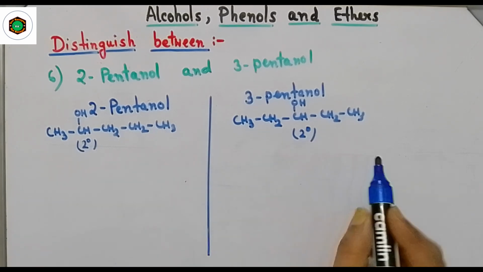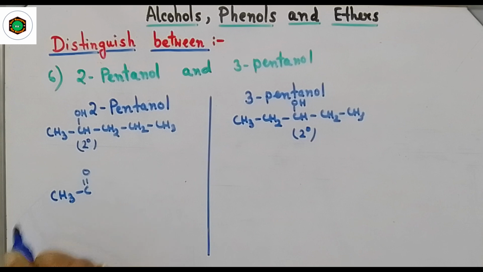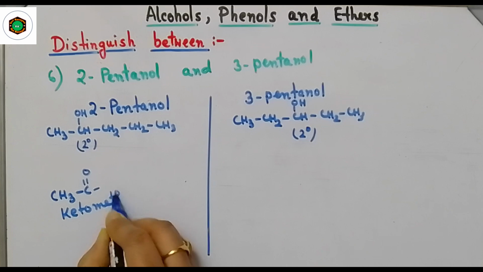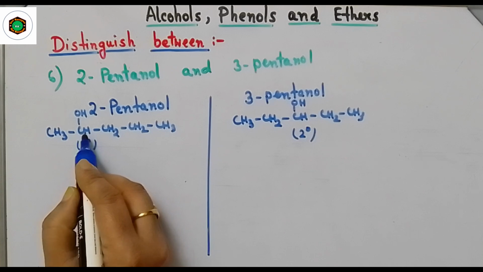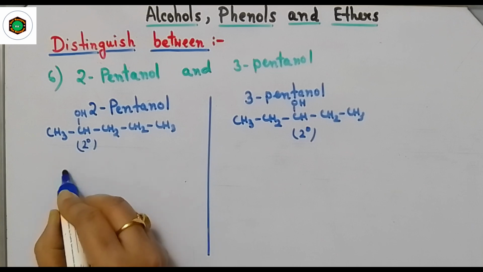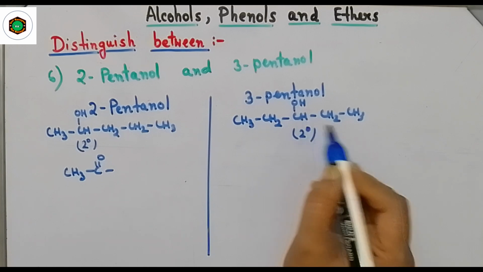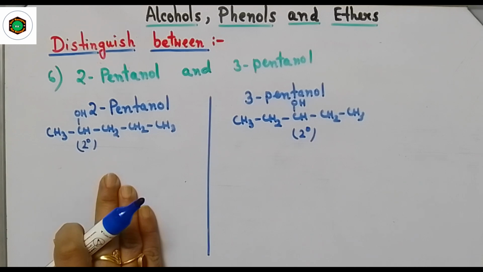Now see here, compound having CH3CO group, means ketomethyl group, or compound having a group which upon oxidation gives this group gives haloform reaction. Now see here, CH3CH(OH) secondary alcohol is there, and this upon oxidation will give what? CH3CO group. But this upon oxidation will give CO, but CH3CO moiety is not present here. So you can distinguish them by haloform reaction.